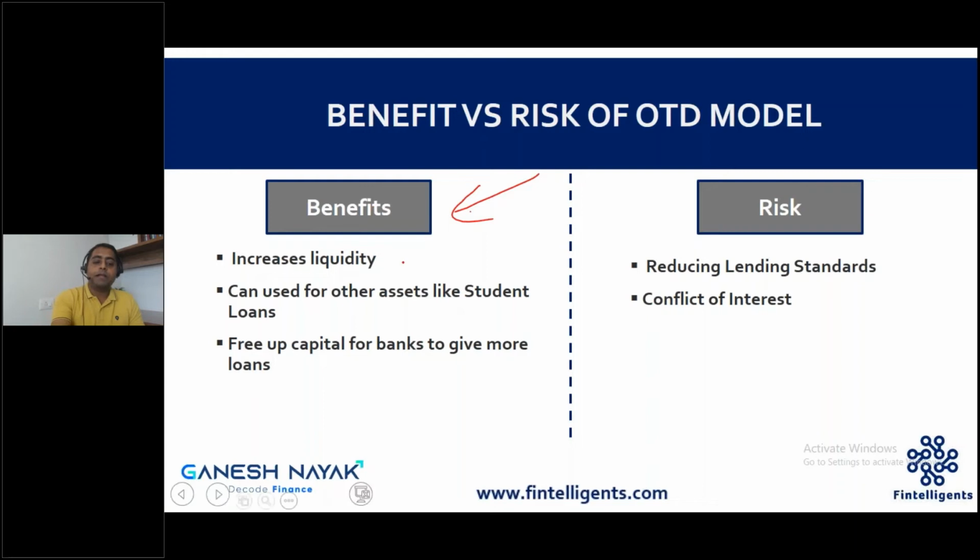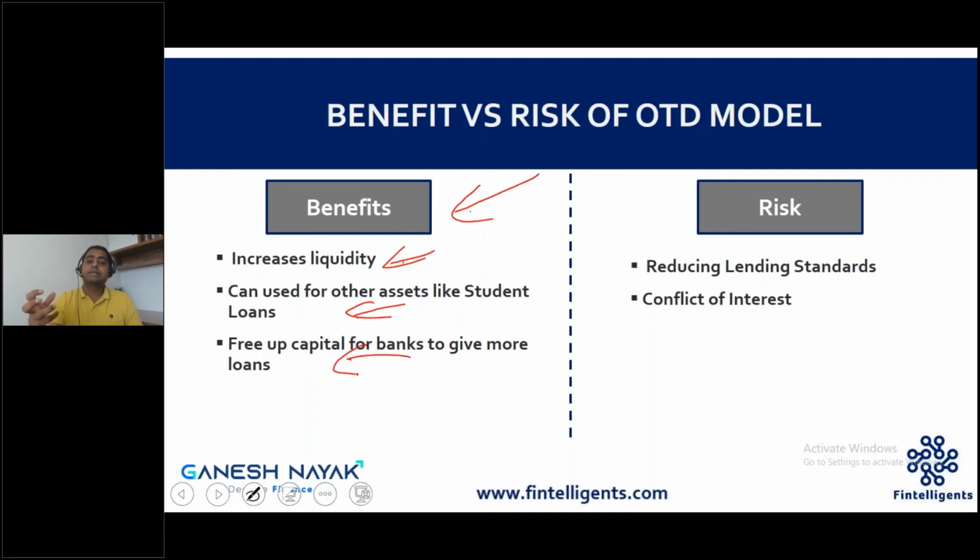Instead of home loans, you can use other assets also which give you income, for example student loans and credit card loans, all of which can be used to create a structured product. For banks issuing loans, it frees up capital, because if I originate to hold, that loan will remain on my book. If I do securitization, an originate to distribute model, I free up capital and have more money available to do other things. So this is the benefit that we see.